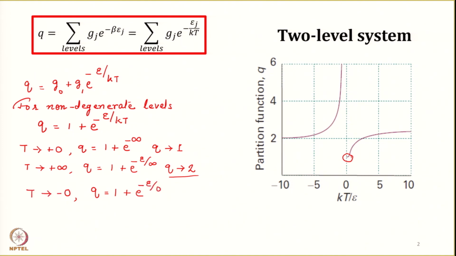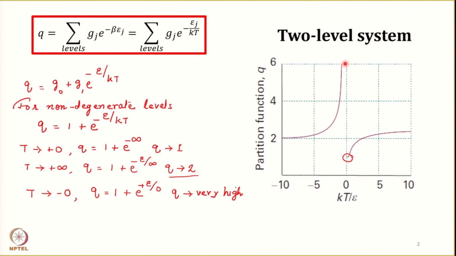Substituting minus 0, the minus sign becomes positive, and we get exponential of plus E upon k times 0, which is exponential of infinity. So that means Q becomes very high, in fact moving towards infinity. And that is what you see over here. It is rising very sharply when the temperature approaches minus 0.